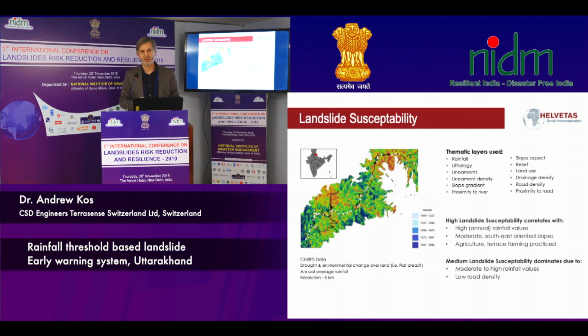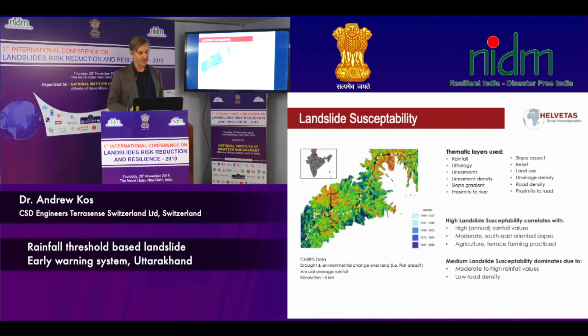So when you select the most relevant parameters for this section of the study area, as my colleagues did here, they were looking at rainfall, lithology, the geological structures, slope gradient, proximity to river, and so on. They're all listed up there. But what comes out is an area here of higher susceptibility, and here also.